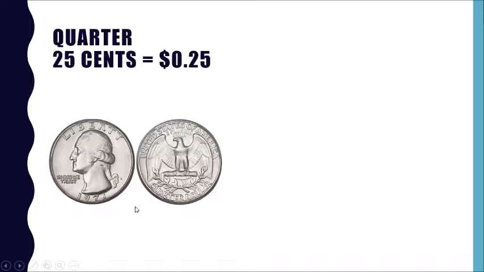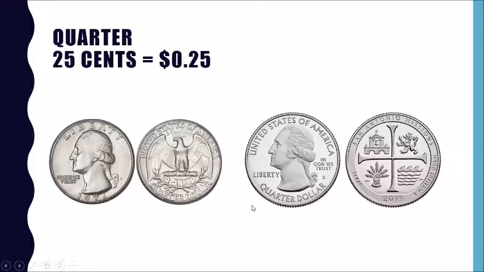Take a look at the older version of the quarter and take a look at the newer version of a quarter. The new version of the quarter will have a different picture on the tails part, which is the back of the coin, depending on the state. This is an example of the Texas state.